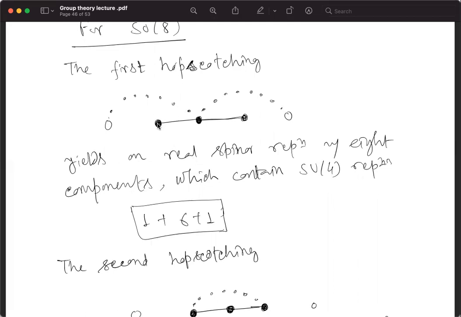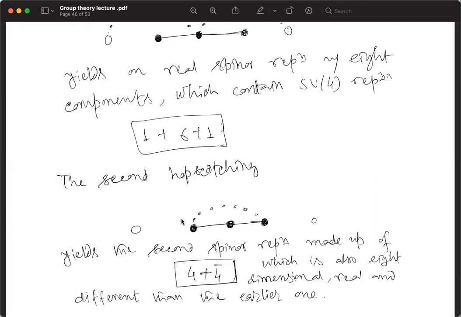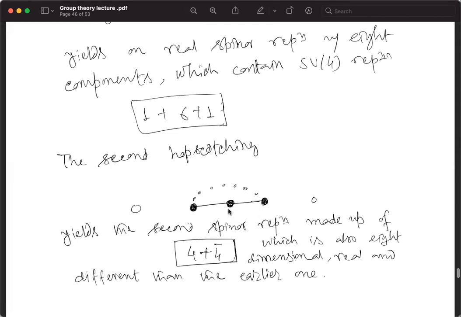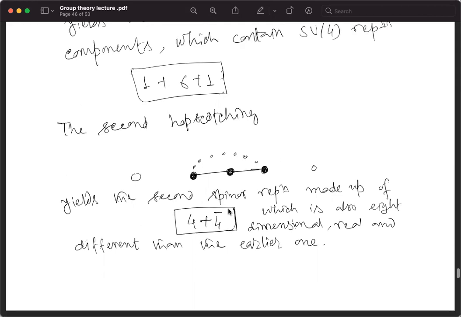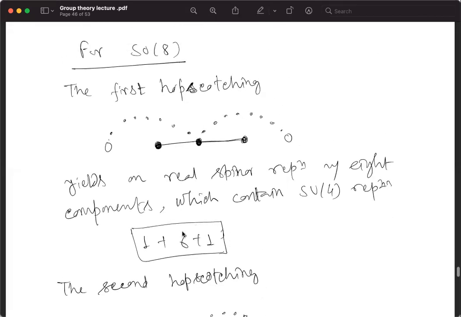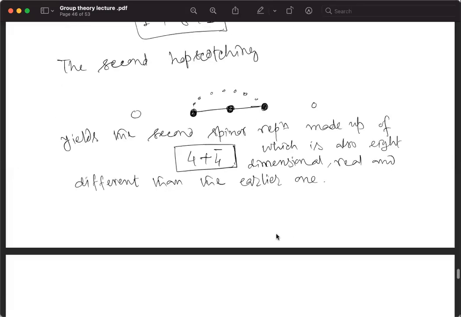And then the second hopscotching, when they are not connected, gives 4 plus 4 bar. This is the way of constructing the second spinor representation, which is also an 8-dimensional real representation of SO(8). So you can write it in terms of 1 plus 6 plus 1, or also 4 plus 4 bar.